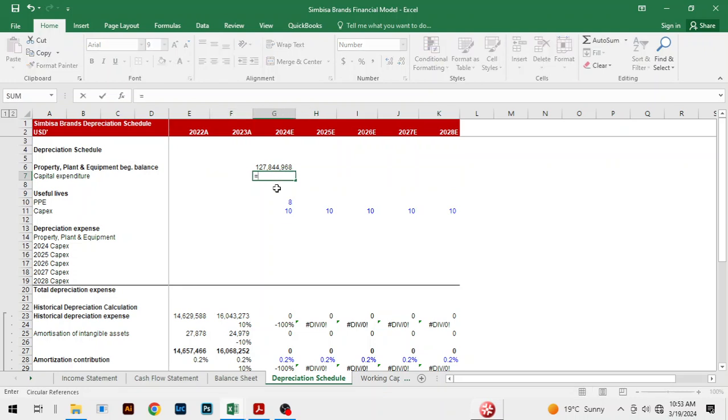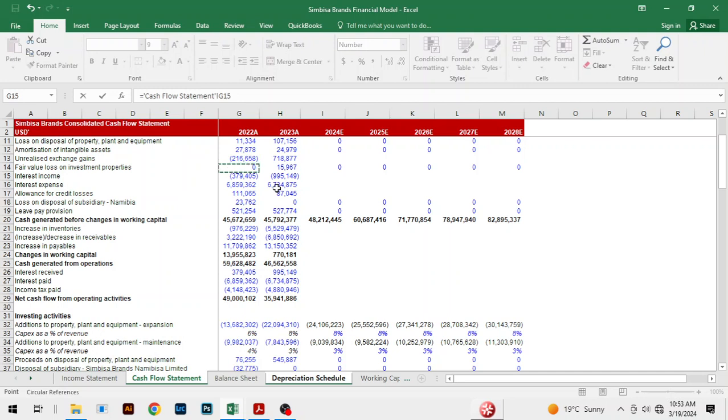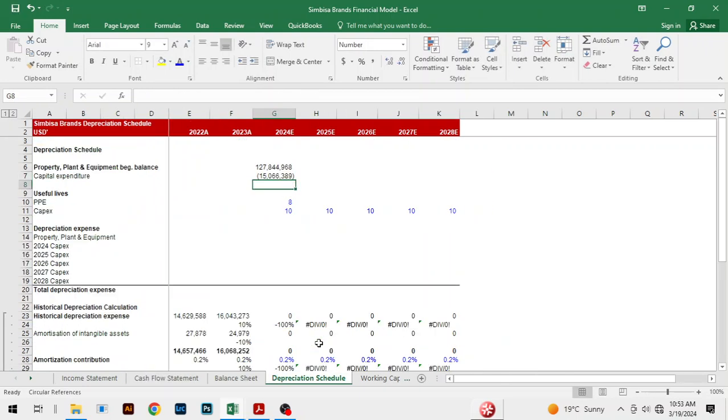So here what I'm going to do is I'm going to press negative here, or what I can do is I can just go back to the cash flow statement, and then I say negative here. I think that's the correct way. No, that's not.